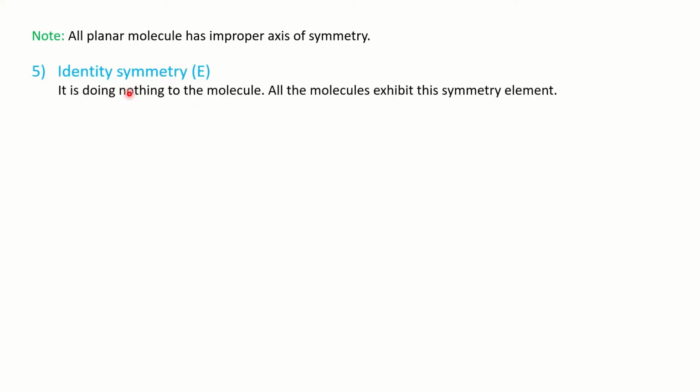And finally you have the simplest symmetry, identity, which is the last symmetry operation represented by E. Basically it is doing nothing to the molecule, and all molecules exhibit E. Even the least symmetrical molecule possesses the E element.